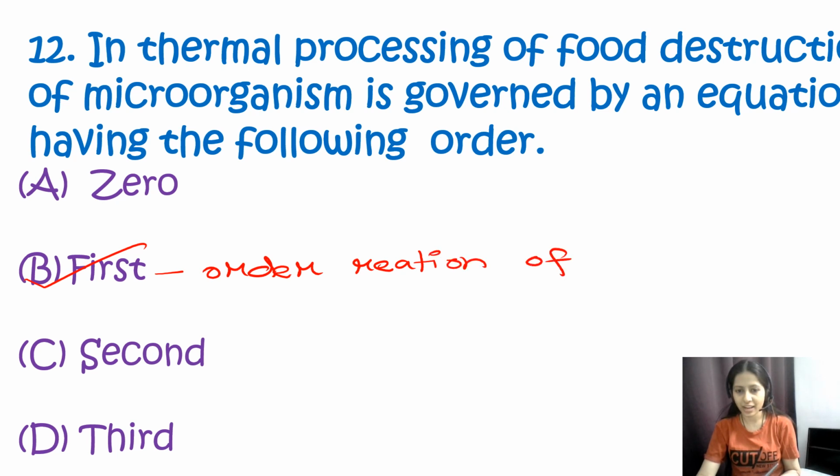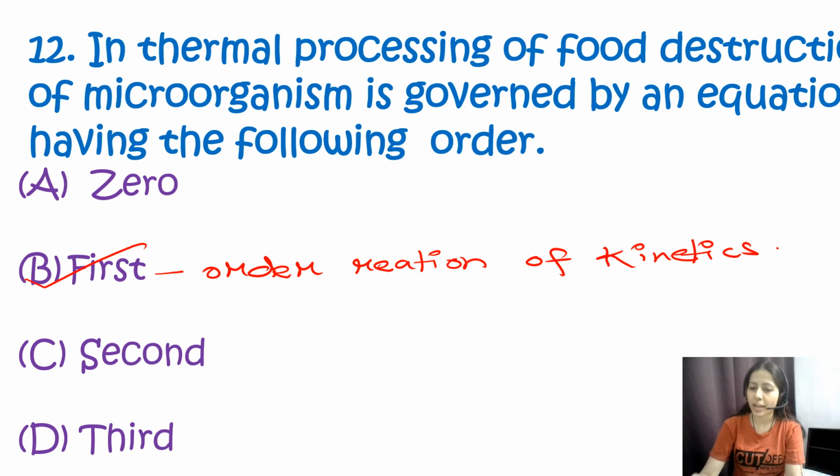Actually, this means that the rate of microbial destruction is directly proportional to the number of microorganisms present in the food product. So over here my correct option is B.